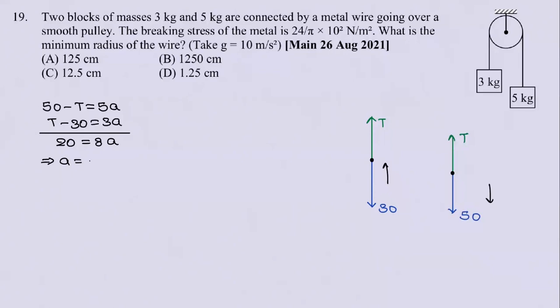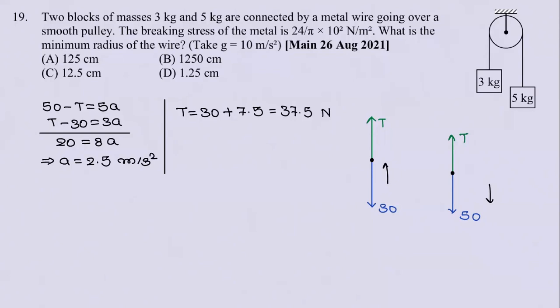That implies a is equal to 20 by 8, which is 2.5 meter per second square. Now, put this value here, you'll get T. T is equal to 30 plus 3 into 2.5, which is 7.5. So it will be 37.5 Newton. Good.